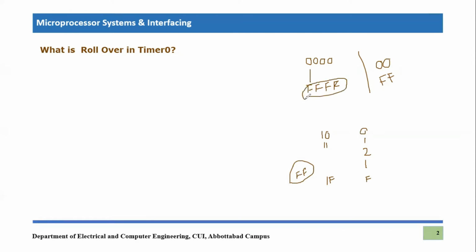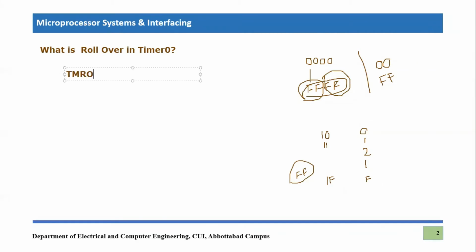You know that these numbers will be stored in registers, so a separate register will be dedicated to the lower 8 bits, and a separate register will be dedicated to the higher 8 bits, right? Those registers are known as timer 0L and timer 0H.